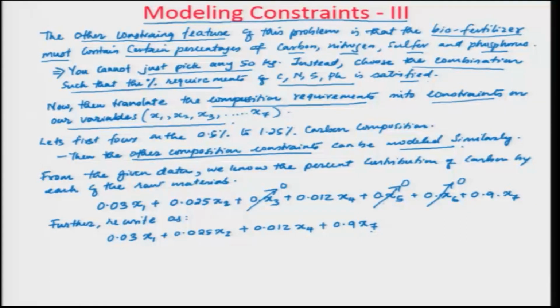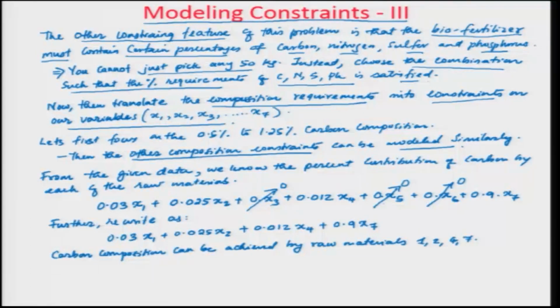So the carbon composition can be achieved by raw materials 1, 2, 4 and 7. Okay. So what we are saying here is, using any of these 4 raw materials, we can achieve the carbon composition, right? All right.